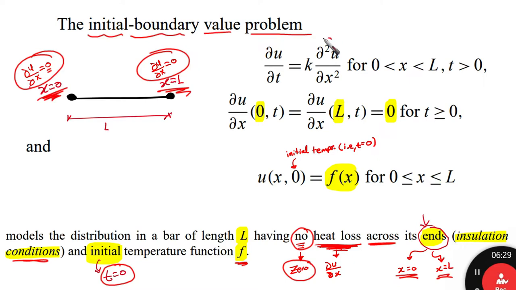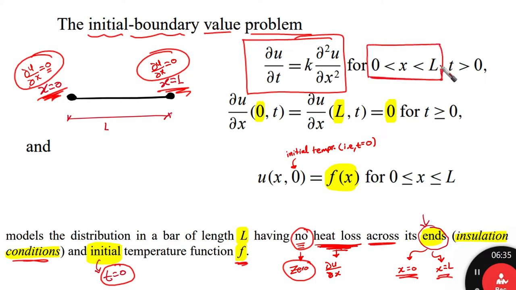We are going to have our differential equation for the rod, or this bar, which has a length of L, so we are talking from 0 to L, and it works for t larger than 0. And then we are going to have the heat loss, which is like the heat flow.